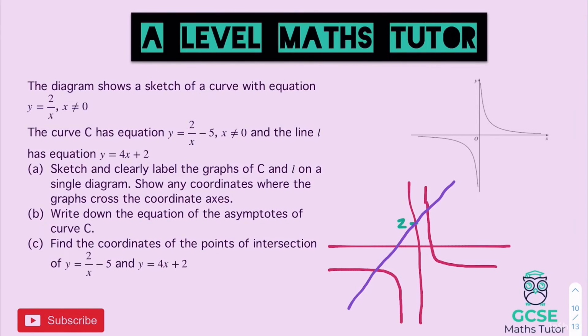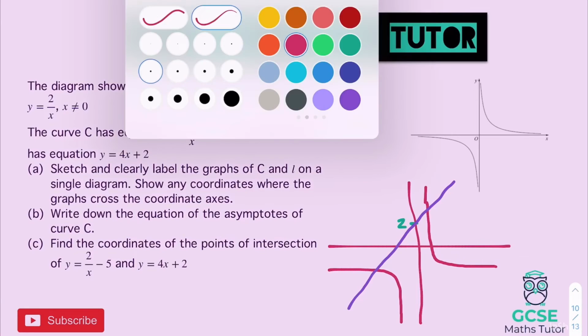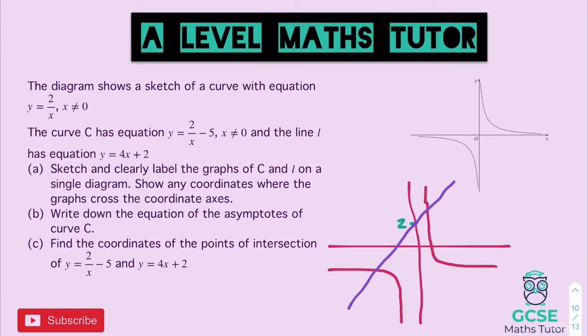It does, however, say show any coordinates where the graph crosses the coordinate axes, and we've already got that 2 there. But there are 2 more points that we need to find. We need to find the x-intercept of the straight line, and the x-intercept of the reciprocal graph. We can find both of those by setting the equations equal to 0. So we've got 2 over x minus 5 equals 0.